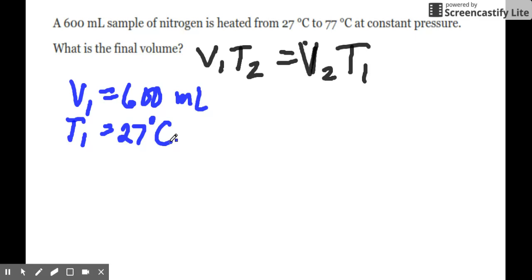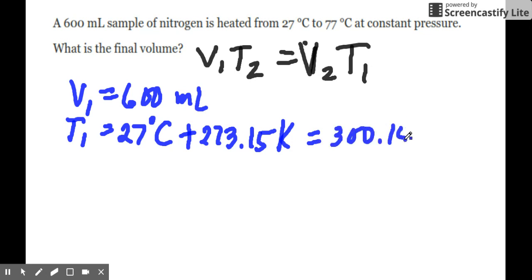So it's better that you convert the given first. So that's plus 273.15 Kelvin, and the sum is 300.15 Kelvin. That's the initial Kelvin temperature we will be using.